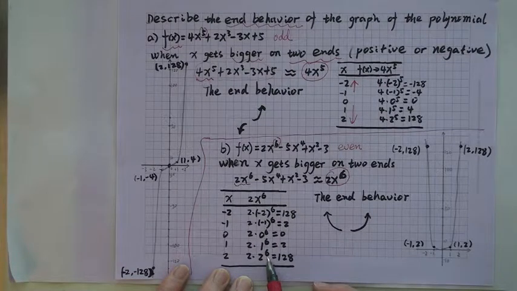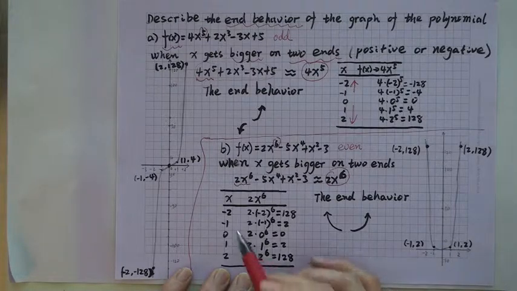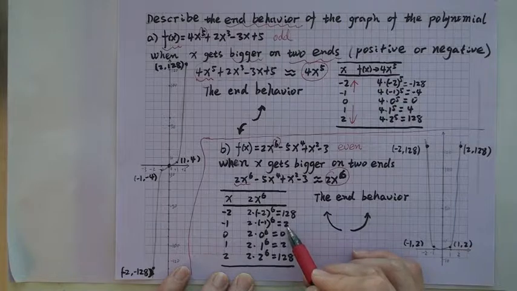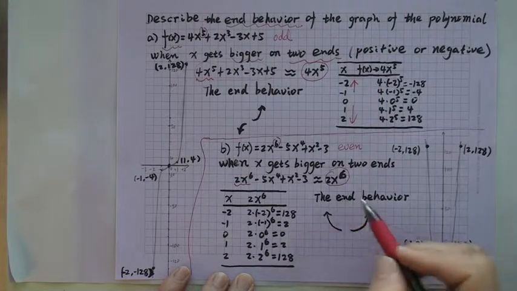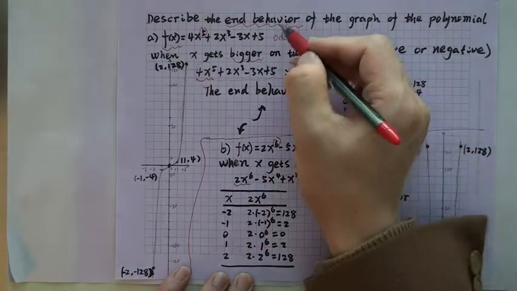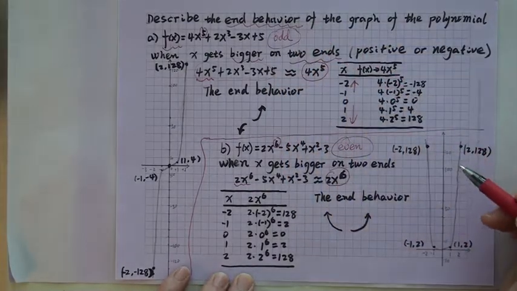And 2 to the 6th is 64 times 2, 128. So it doesn't matter whether x is positive or negative, you always end up with positive numbers. That's because here is even and there was odd.